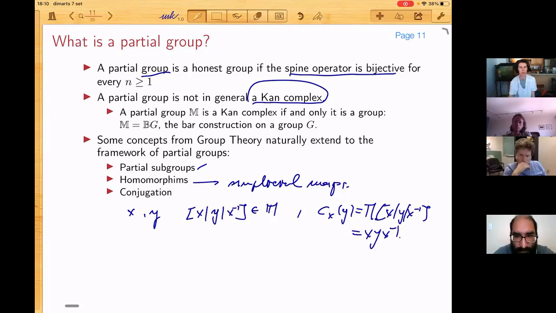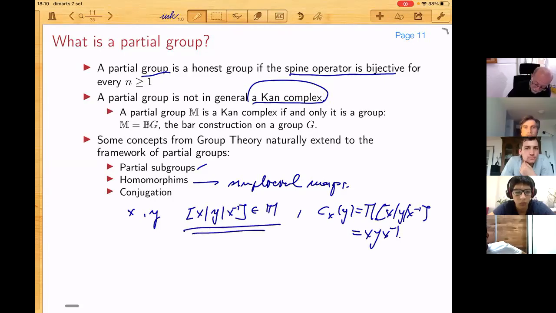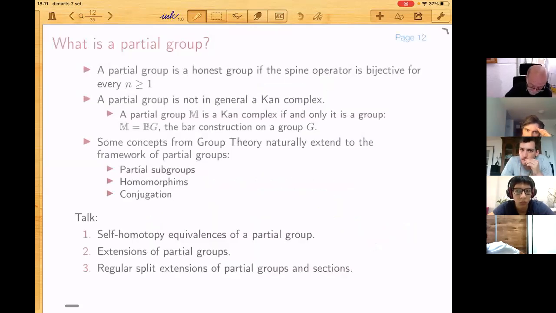So that's the way to define it. But you need that this exists. Otherwise, you cannot define the conjugation. Okay.